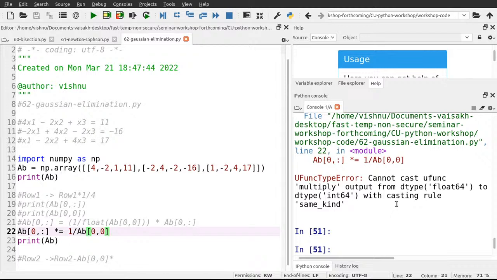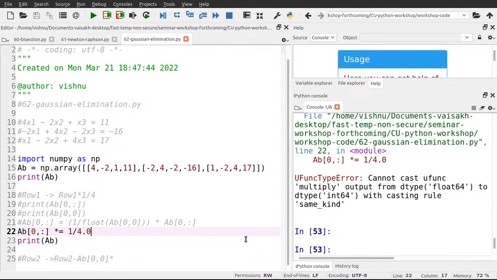Multiply operator to int forecasting rule same kind. Maybe, or let me just try to see with 4.